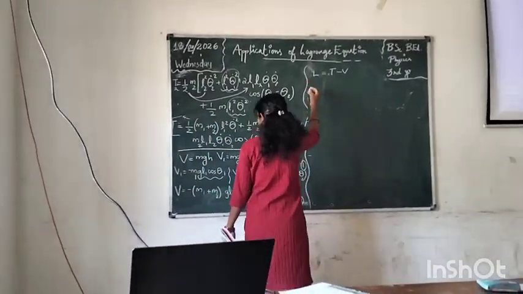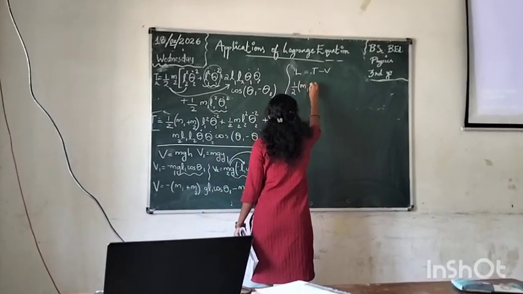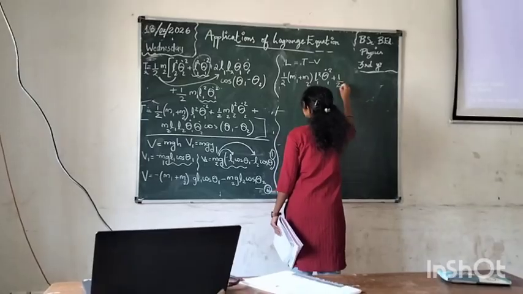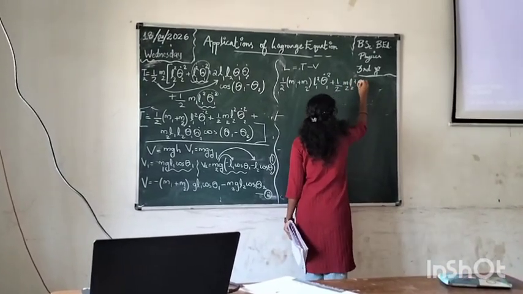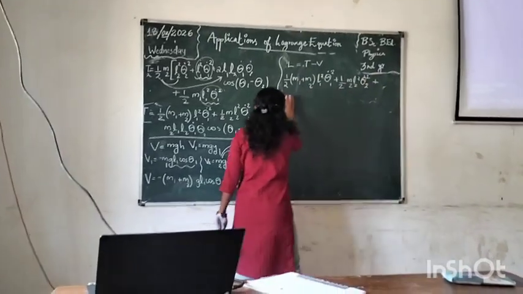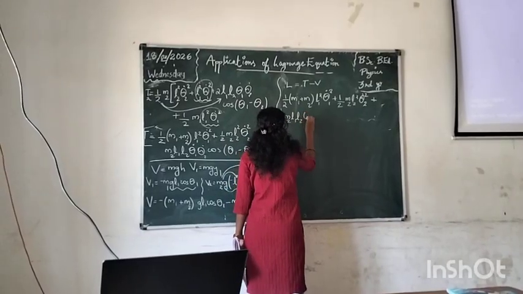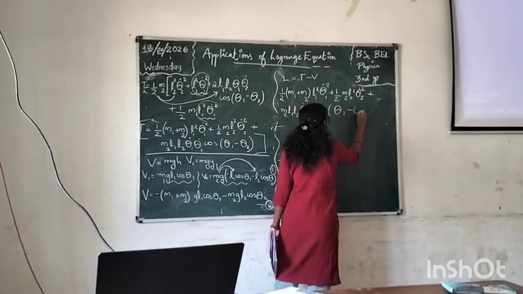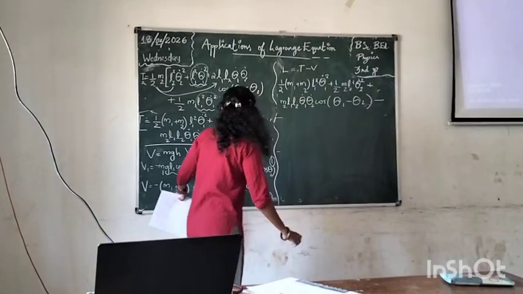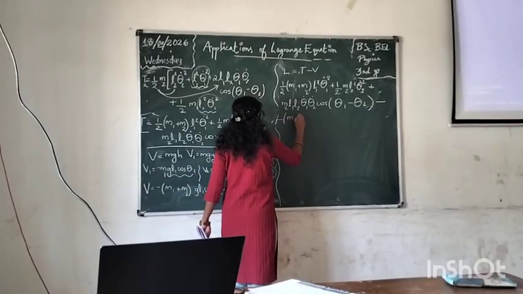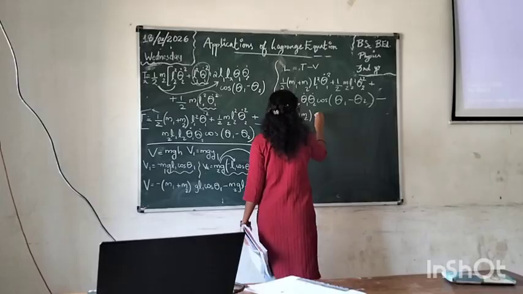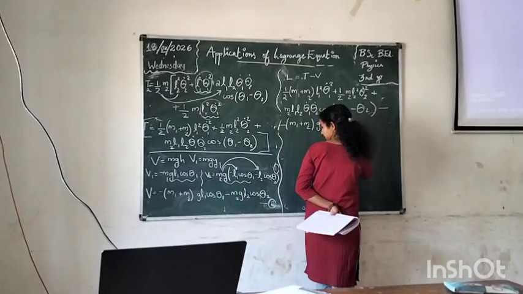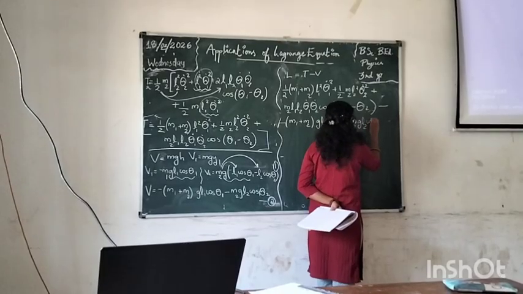So our L will be half (m1 plus m2) L1 square theta 1 dot square plus half m2 L2 square theta 2 dot square plus the cross term. For V, minus of minus will become plus, so (m1 plus m2) g L1 cos theta 1, again minus of minus, so it will be plus m2 g L2 cos theta 2.